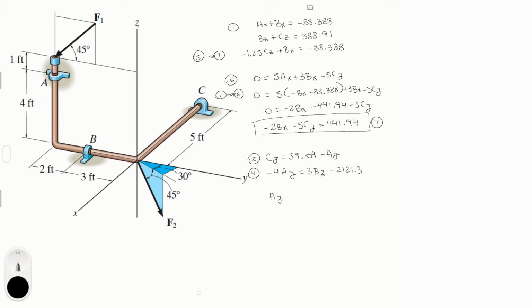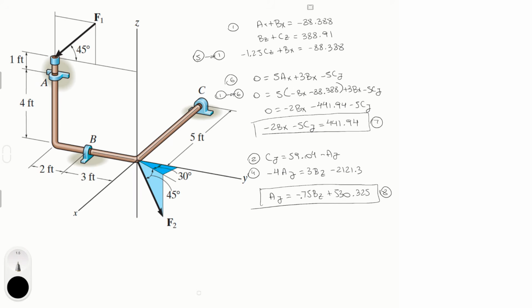So from here we can get that AY is equal to minus 0.75 BC plus 530.325. Calling this equation 8. Just basically rewriting stuff here.